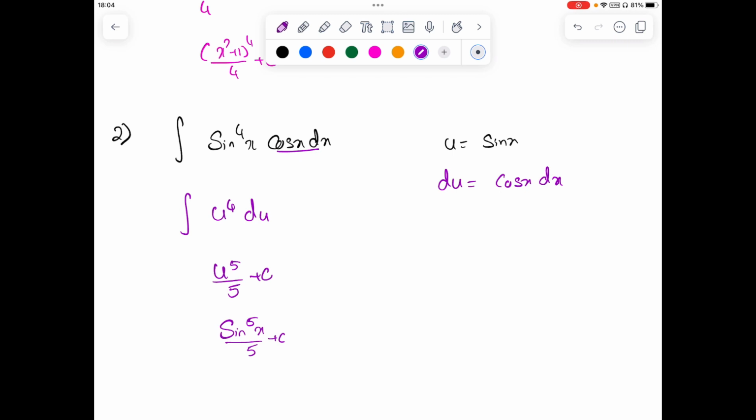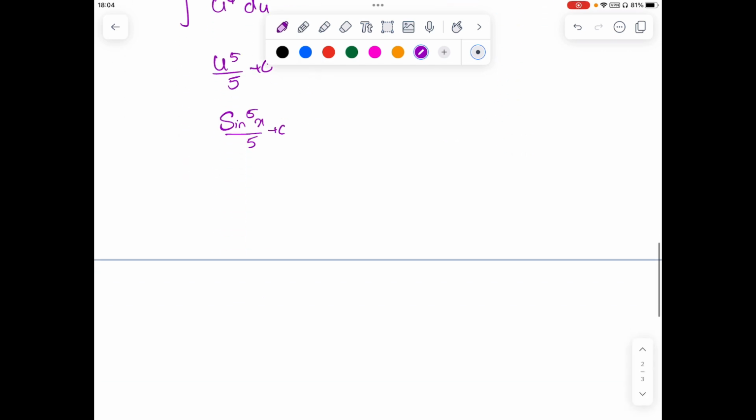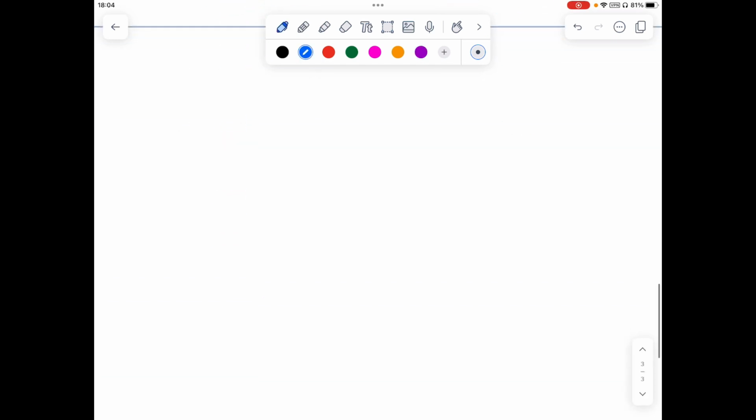Now I go for question number 3. What is question number 3? Integral of 3x square times (2 plus x cube) whole square dx, and u equals nothing but 2 plus x cube.